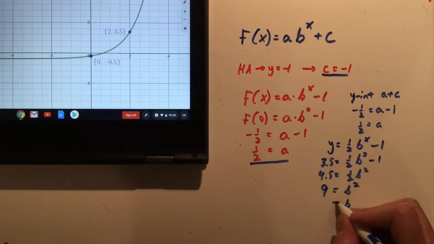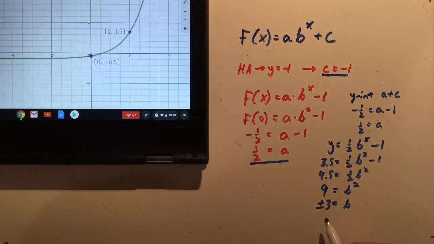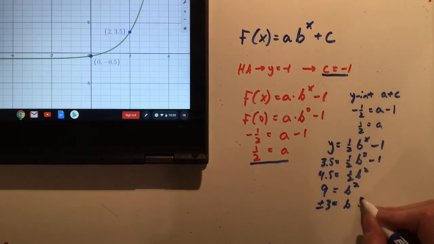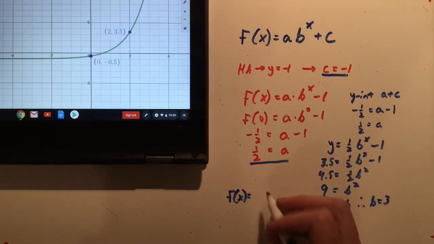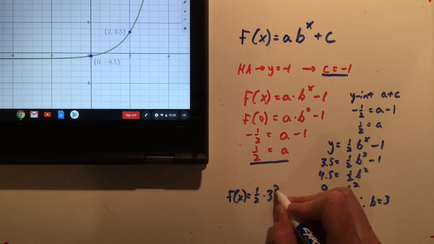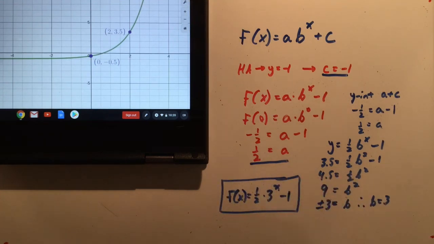Square rooting both sides, I get b is equal to plus or minus 3. We've already established that you can't have a negative base, therefore b is equal to 3. So in the end, I get the equation f of x equal 1/2 times 3 raised to the x minus 1. And that is how to find the equation of an exponential function.